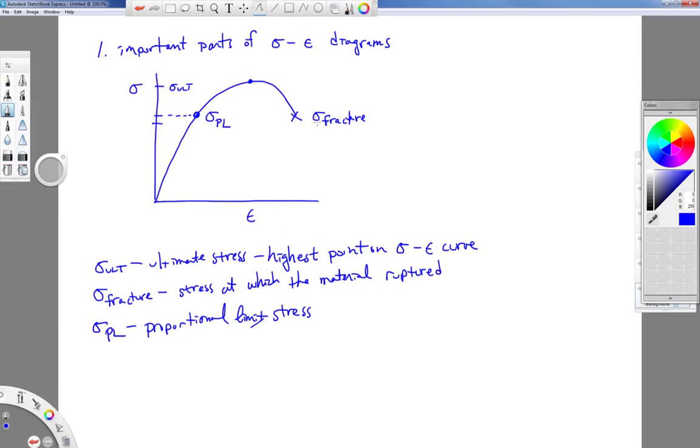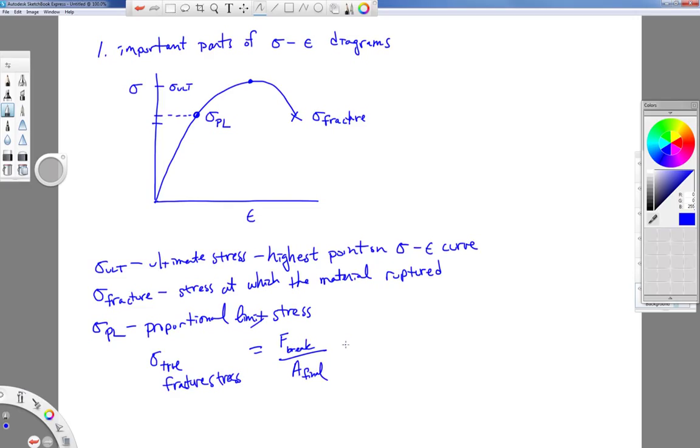Now, I mentioned the fracture stress. There's a quantity that we can calculate called the true fracture stress. The true fracture stress is the final force, or the breaking or rupture force, divided by the final area of the cross-section of the specimen.